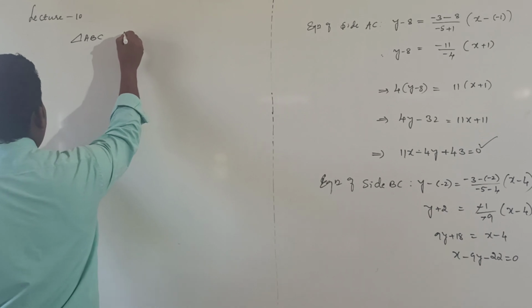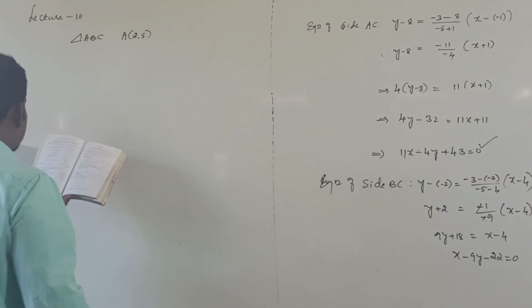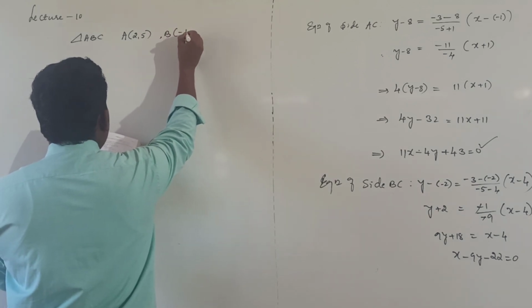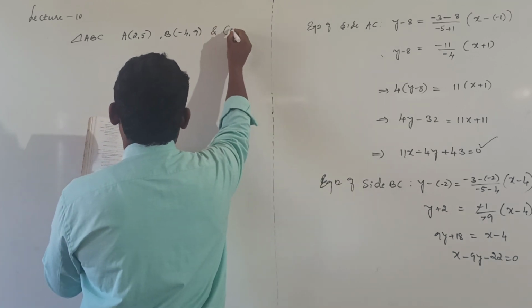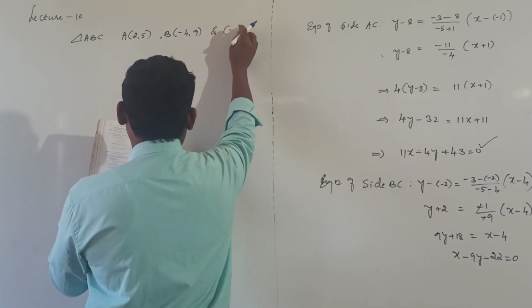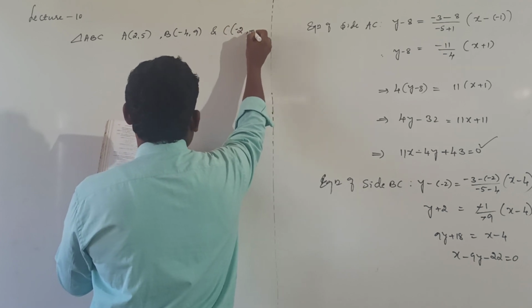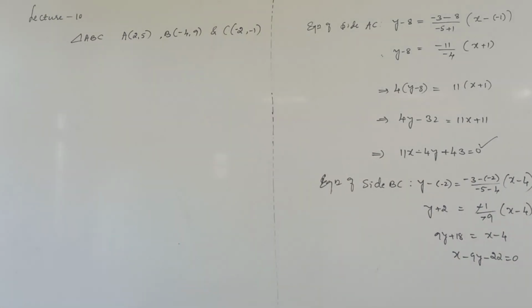Whose vertices are A of (2, 5), B of (-4, 9) and C of (-2, -1). Find the equations of medians of this triangle, right?